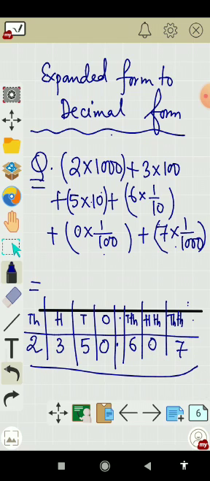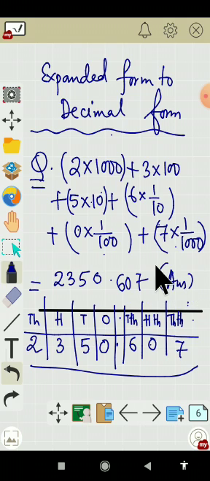So this is the number we have to write in the answer, which shows us the decimal form of the given expanded form.